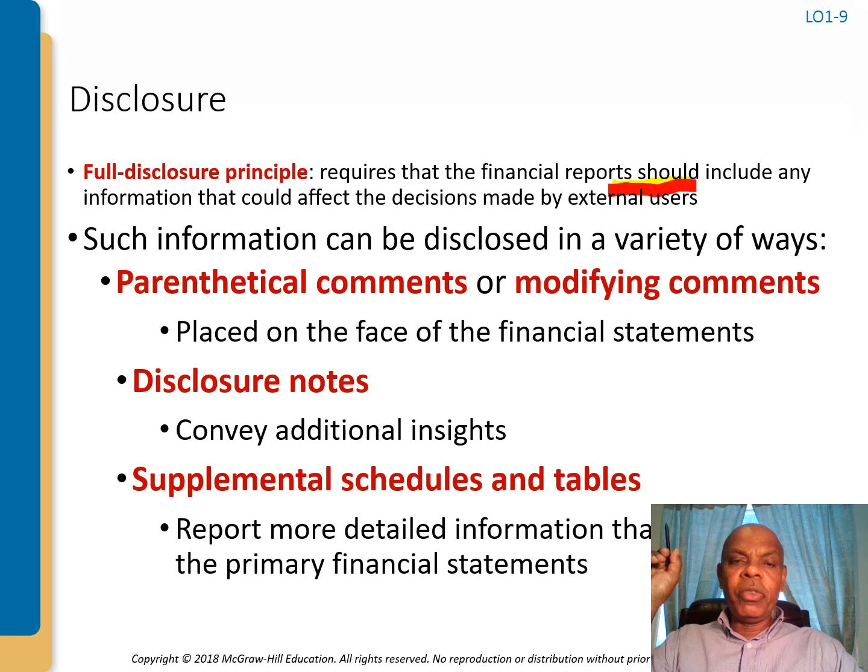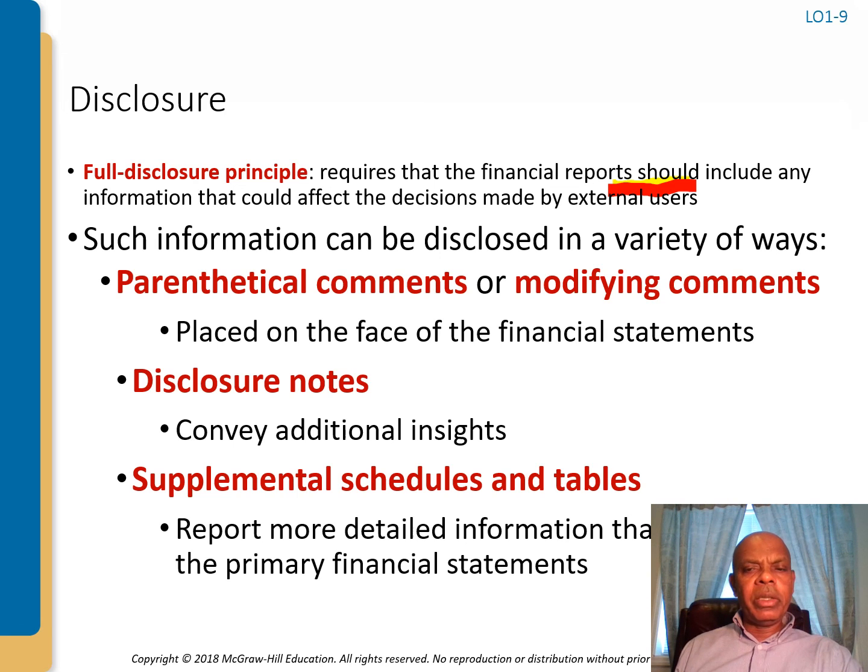Parenthetical or modifying comments placed on the face of the financial statement, disclosure notes that convey additional insights, and supplemental schedules and tables. Suppose you have $1 billion of depreciation expense or rental expense or lease agreements, whatnot.